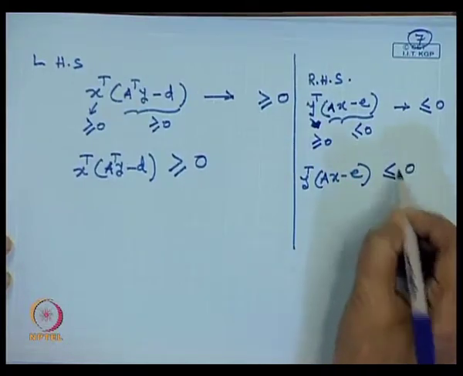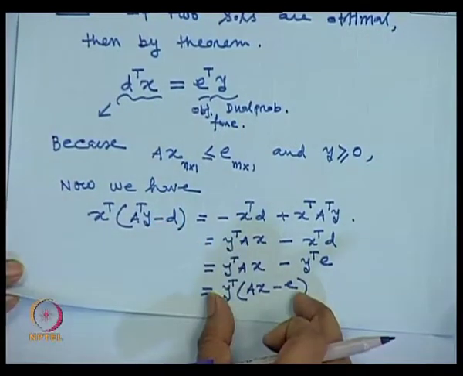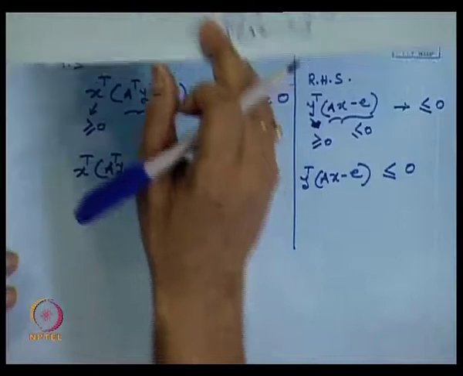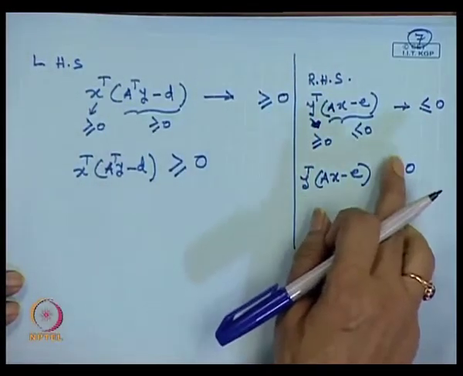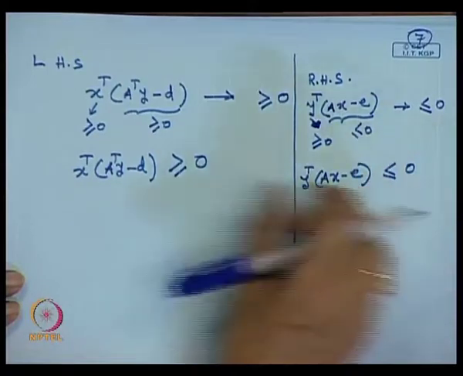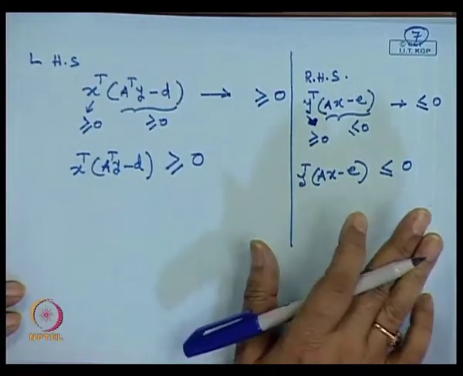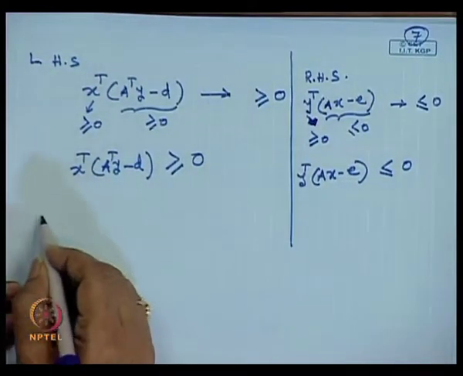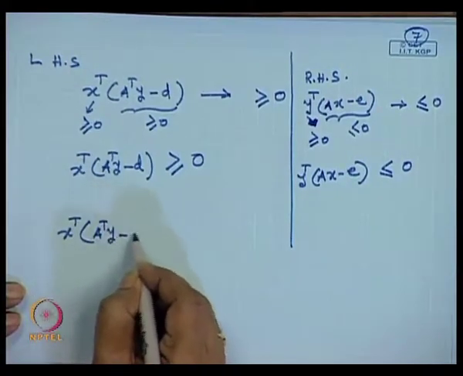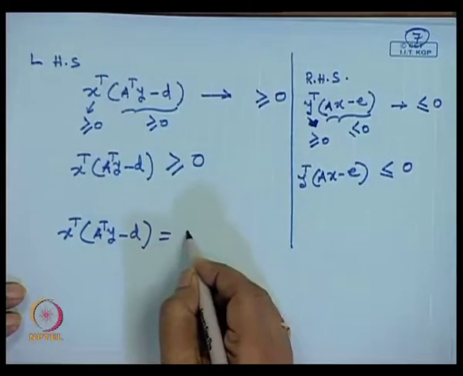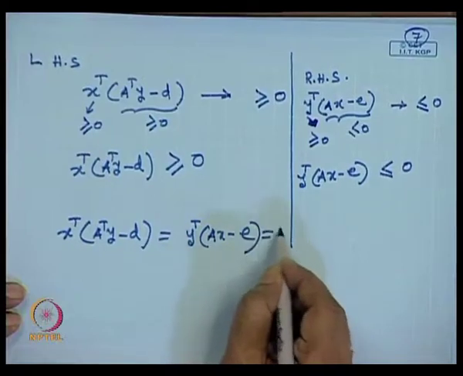Just now we have seen that these two are equal, and in one case it is telling that this is greater than or equal to 0, in another case it is telling this is less than or equal to 0, but both are equal in value. So, this cannot be true, and it is true only if x transpose A transpose y minus D equals y transpose A x minus E equals 0.